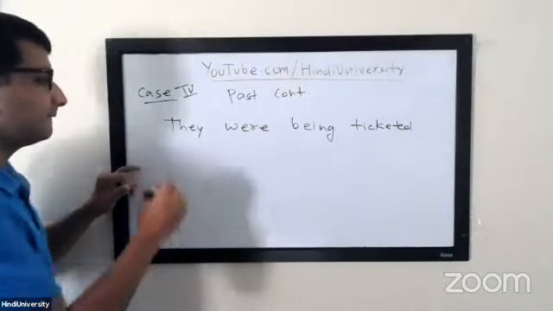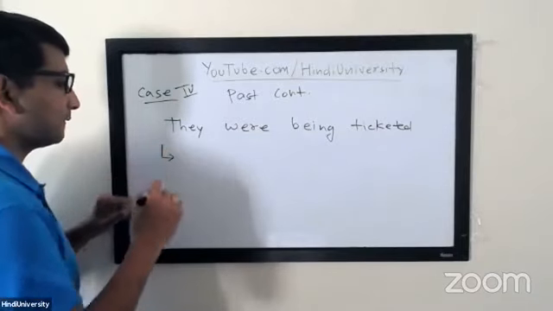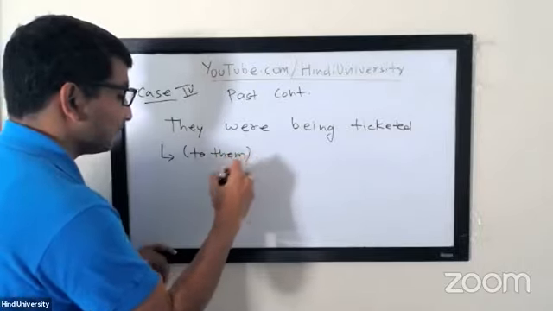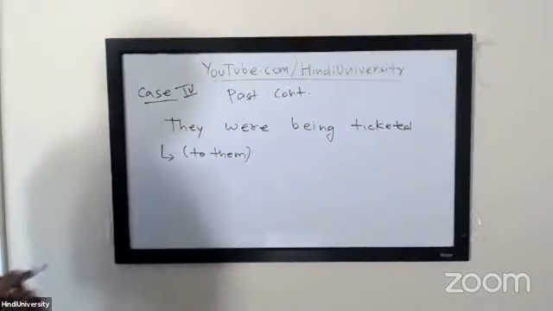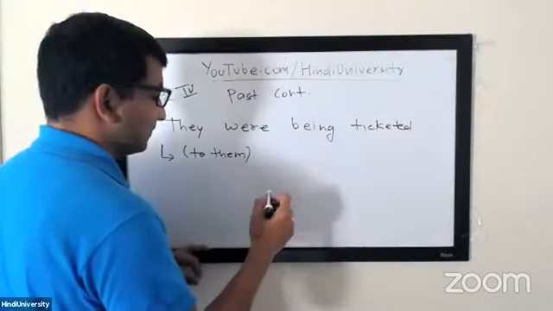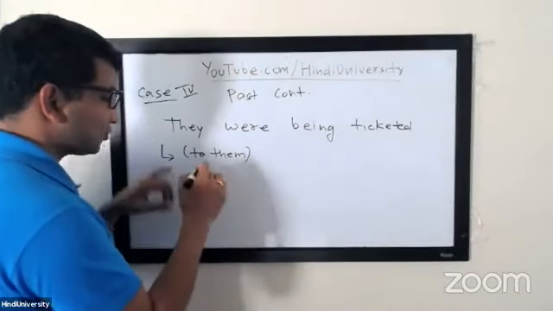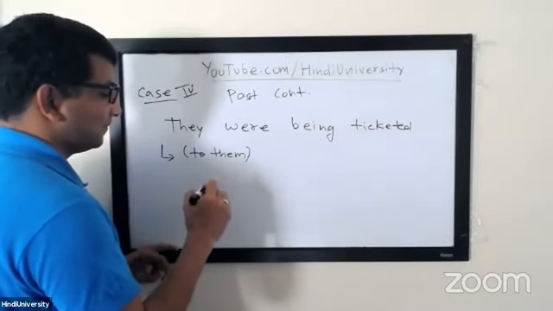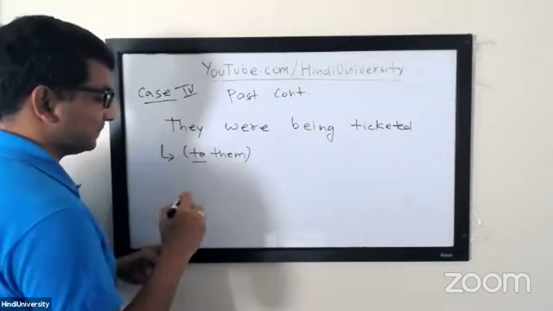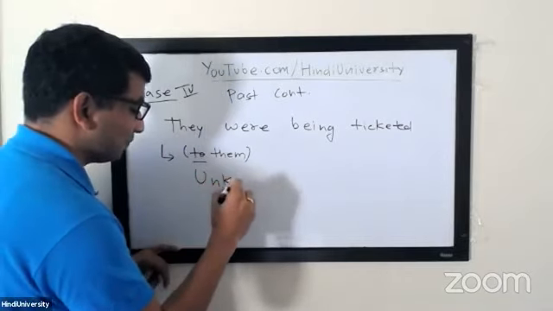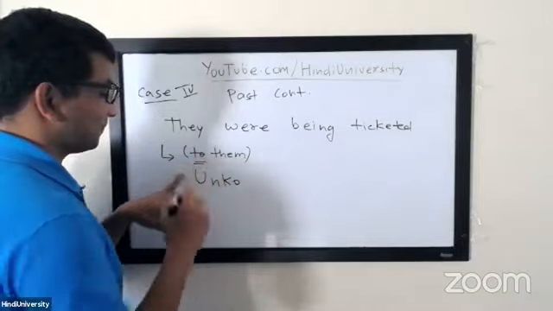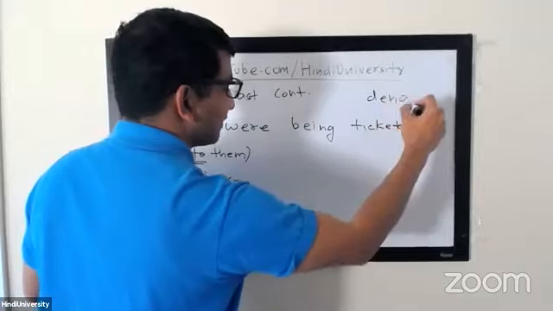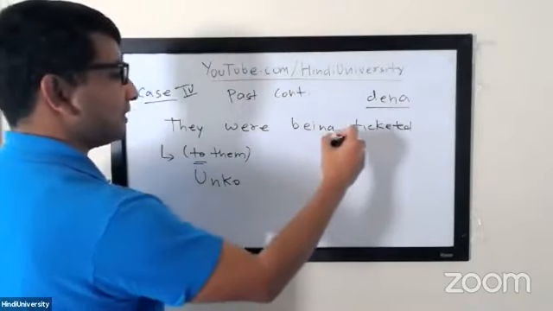Chanel? This is hard. वे टिकट मिले जा रहे. Oh no. उनके. Unko. To them. उनको. Use the word dena here. Tickets were being, they were being ticketed.